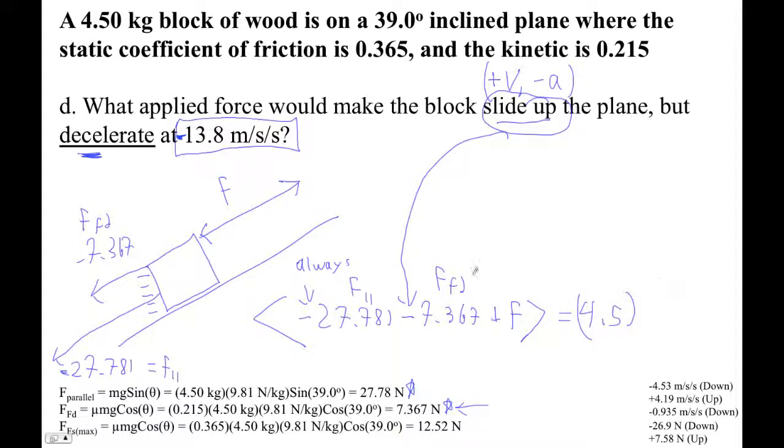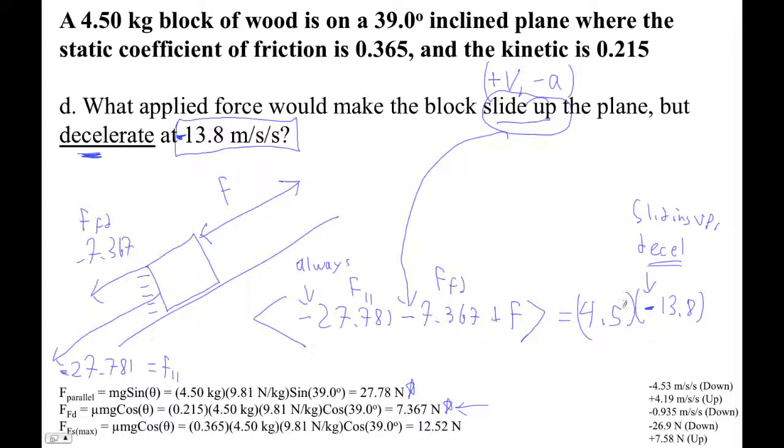And now we have this decision time. Since it's sliding up the plane but decelerating, it must be down the plane. So that makes it down.